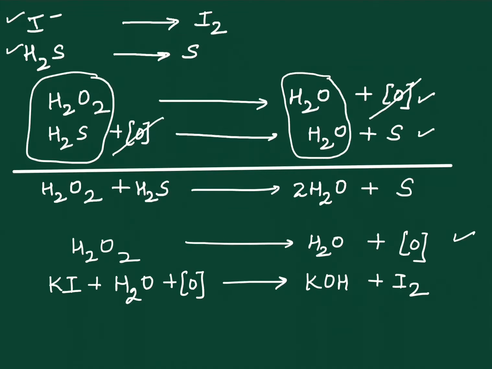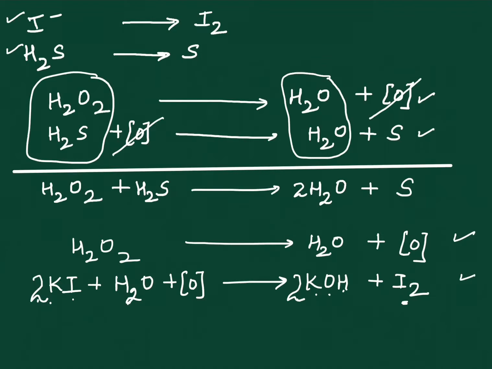So first step, balance this equation. Second step, balance this equation. Check whether it is balanced or not. We've got 1 iodine over here, 2 iodine on the right hand side. So that means iodine is not balanced. Let's try this. Now 2 potassium here, only 1 potassium here. We've got 2 hydrogen. Yes, we've got 2 hydrogen.